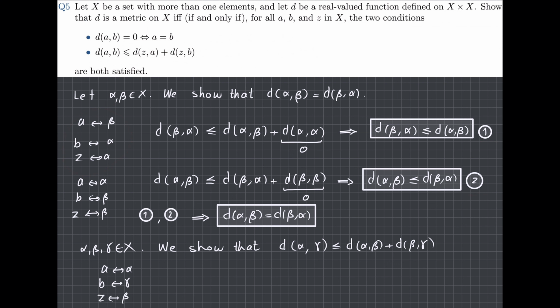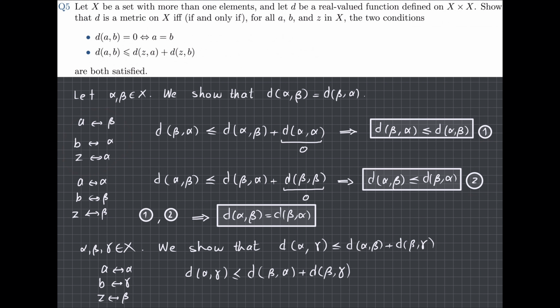Okay, so if I do these substitutions, the left hand side becomes D, instead of A I put alpha, instead of B I put gamma, is less than or equal to D, Z is beta, and then A is alpha, plus D, Z is beta, B is gamma.